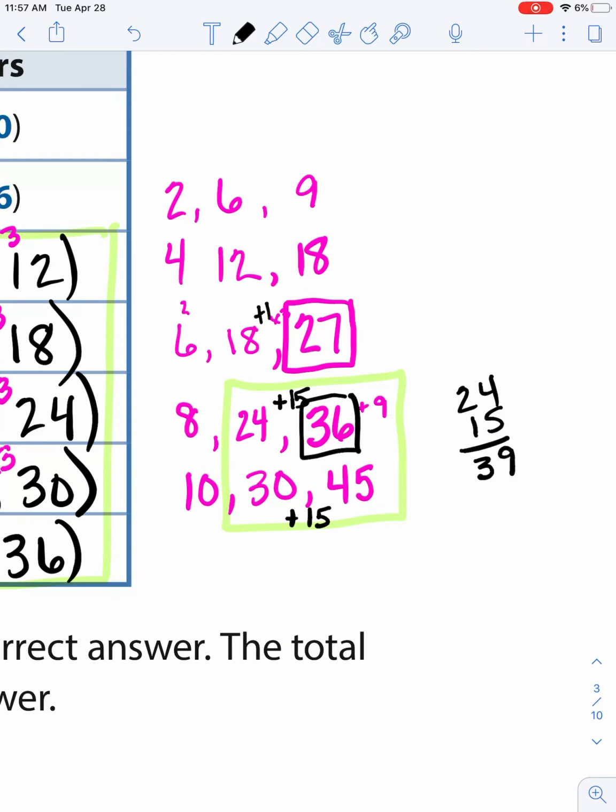Let's see. Is this plus 15? 18 plus 15? What do you think? Not quite, huh? So that's not right. We're not adding 15. Are we multiplying by 3? We thought about that.